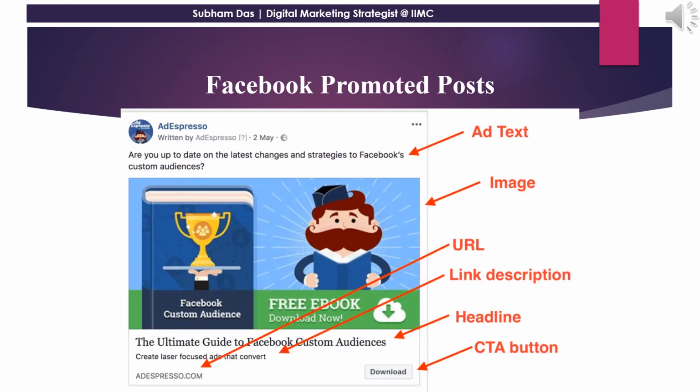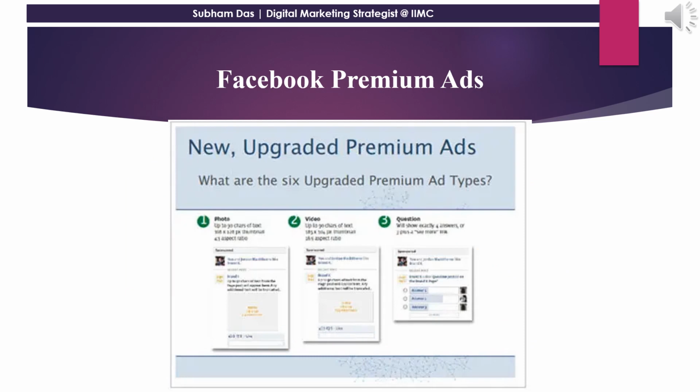Over to the next slide. The big advertisers, those who spend hundreds of thousands of dollars on Facebook ads, get the privilege of using Facebook premium ads. You see that Facebook recently upgraded and included six more premium ad formats, and you can see in the screenshot below how Facebook has introduced premium ads for each category.